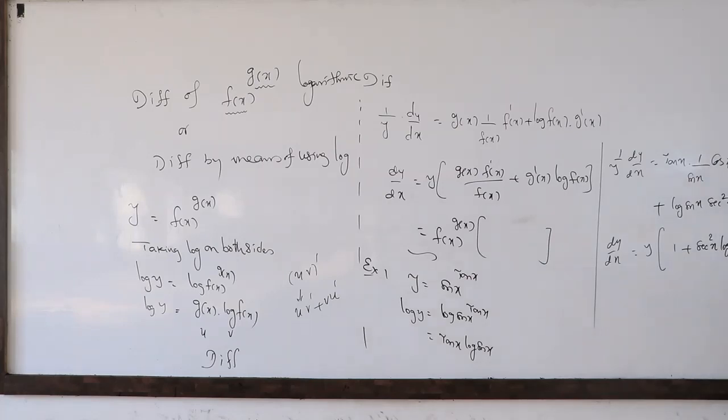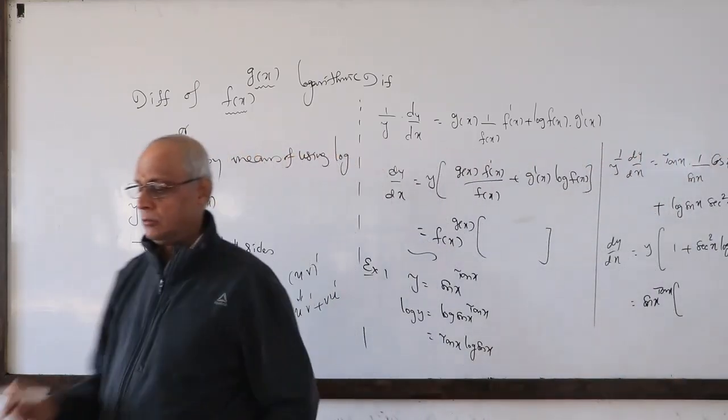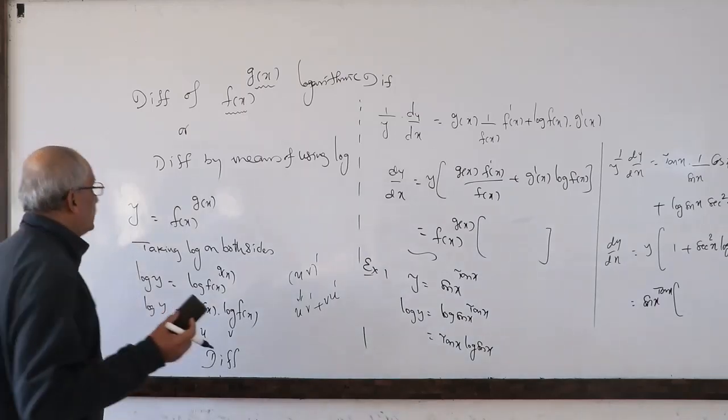Tan and cot cancel. What is y here? The answer is finished. This way of doing is called logarithmic differentiation.